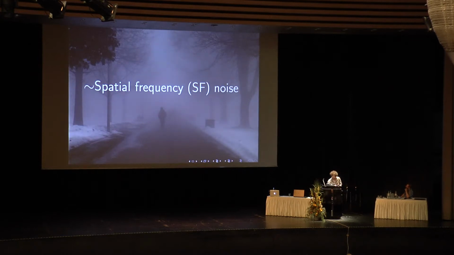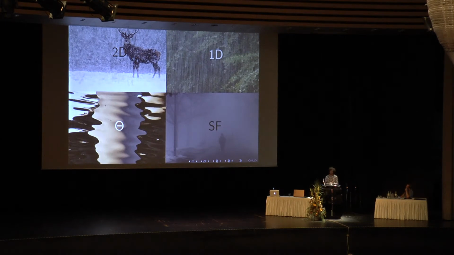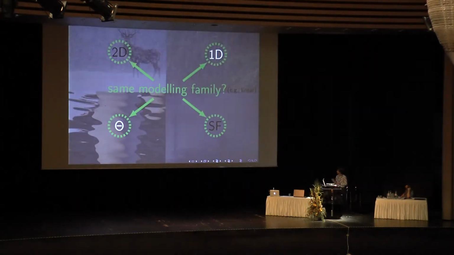And this is an example, perhaps, of a distortion of spatial frequency. Of course, what we would like is that when we study how the visual system operates in this noise condition, that would tell us how the system operates in other noise types as well. So, we're going to ask two questions. The first one is whether we can apply the same modeling family to each noise type.